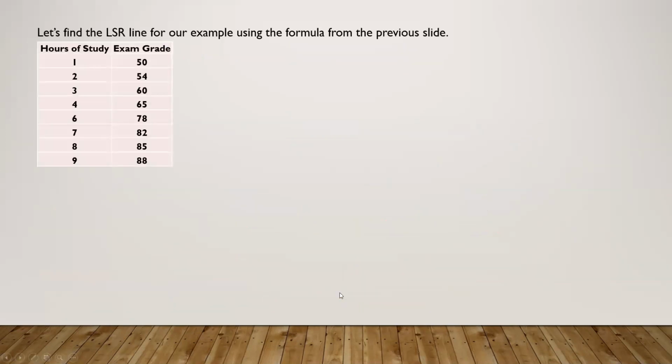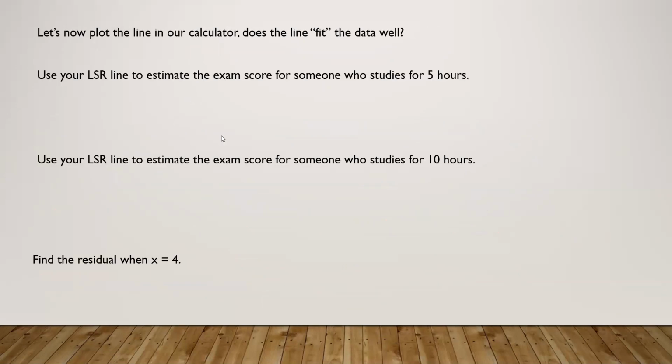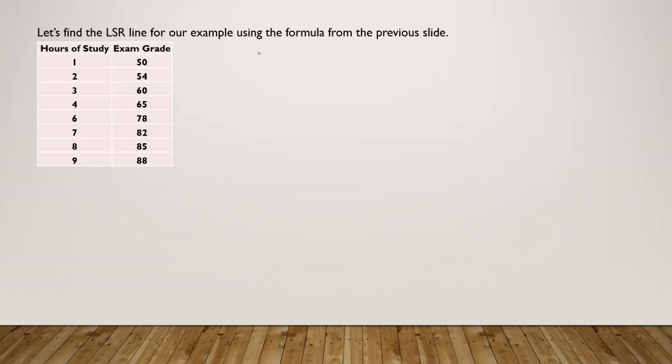All right, so let's go back to our example from the previous slide. The first thing I want us to do is find the equation of the least squares regression line, and that line is y hat equals b1 times x plus b0.